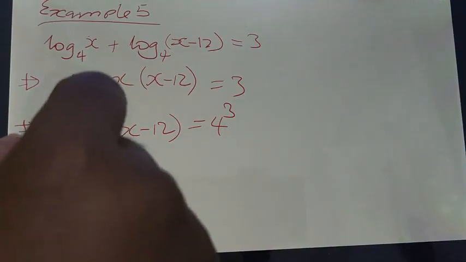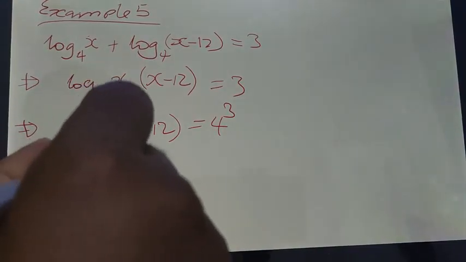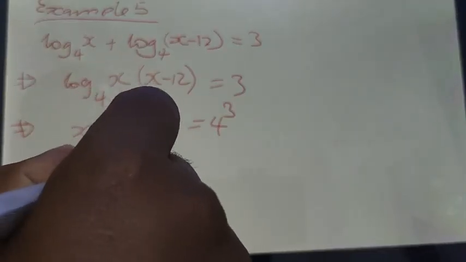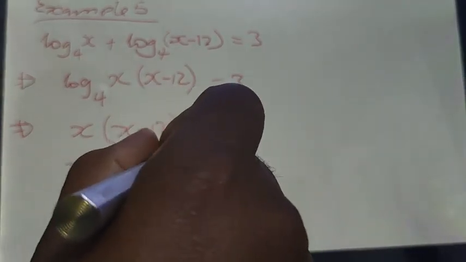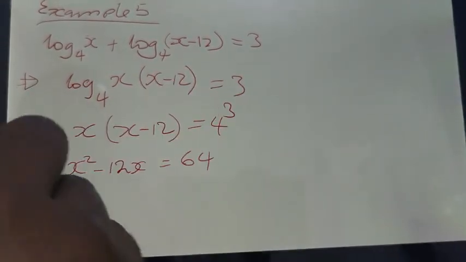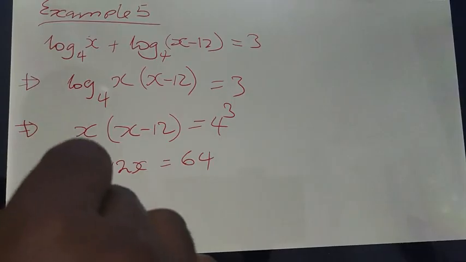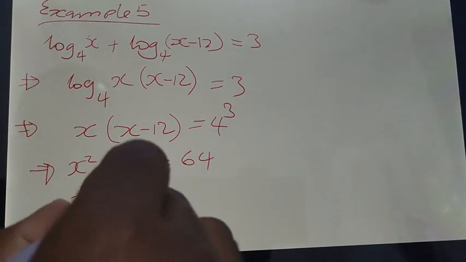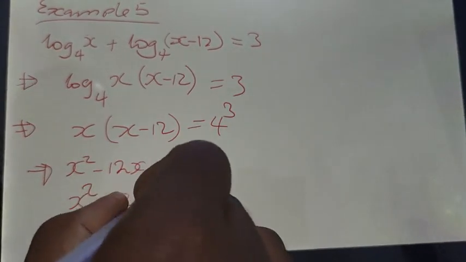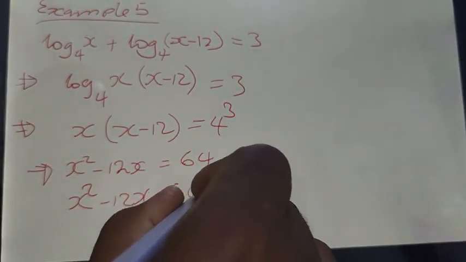So expand this one, we'll have x squared minus 12x is equal to 64. If you look at this one, this is a quadratic equation. x squared minus 12x, take this one too, you have minus 64 equal to 0.